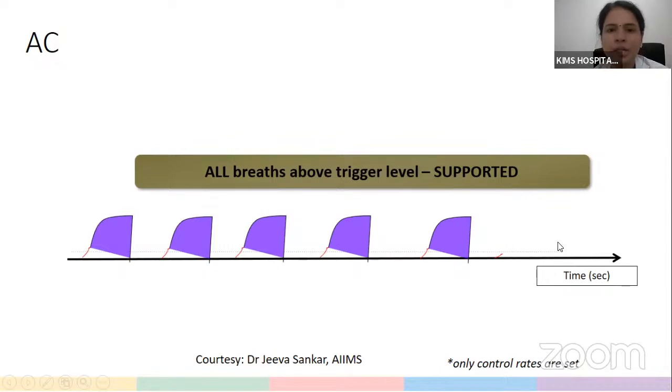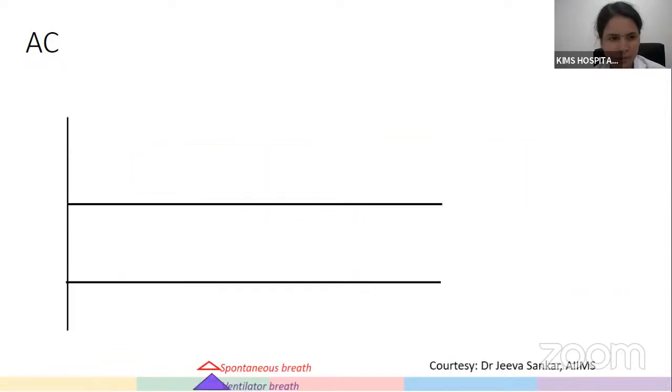So we still are going to set the trigger threshold. If you're using a flow sensor, you will set your trigger threshold at say 0.2 or 0.4 liters per minute, like we discussed earlier. This particular breath probably was only 0.1 liter per minute. So it was below the flow trigger threshold that we set, and hence this is not being supported by the ventilator. So this is assist control.